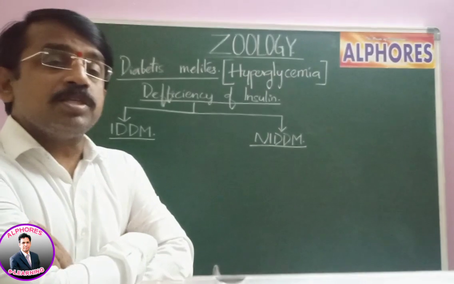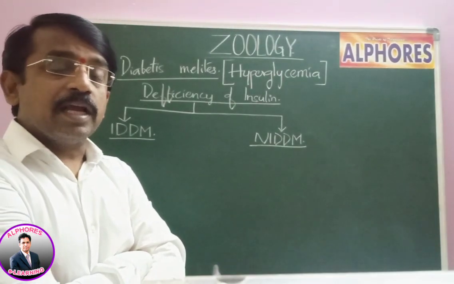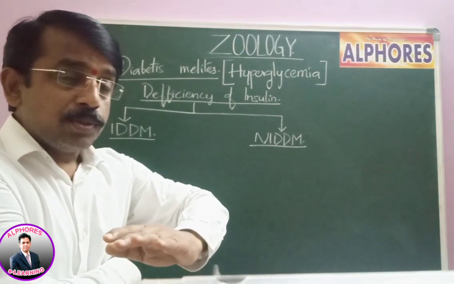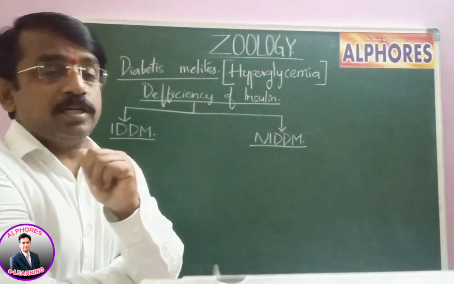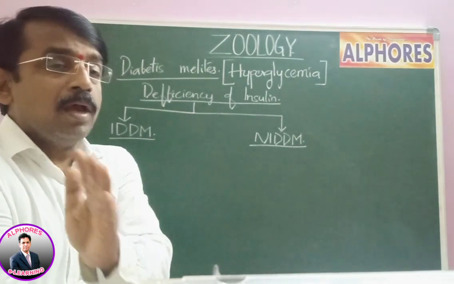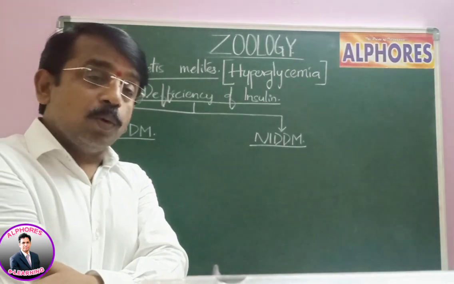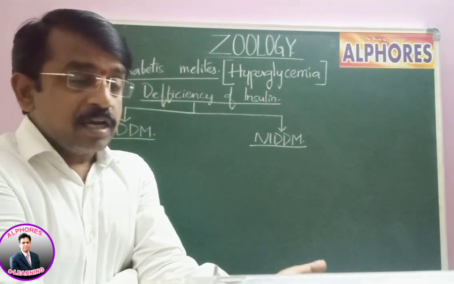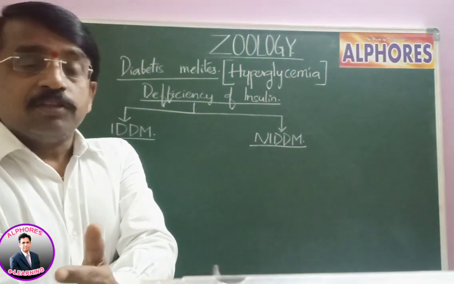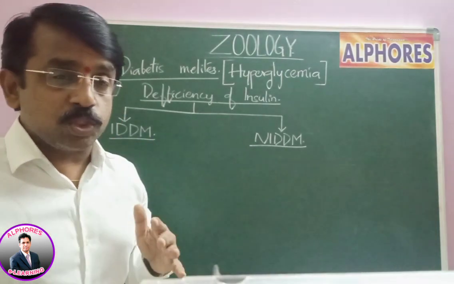As the glucose levels increase, glucose is lost through the urine, and glucose levels increase in the blood, which is reflected in excessive urination.